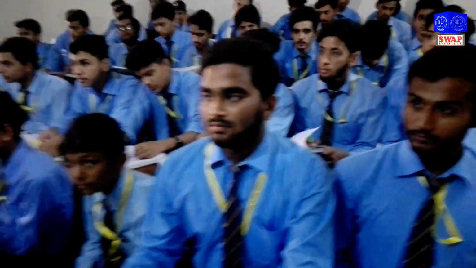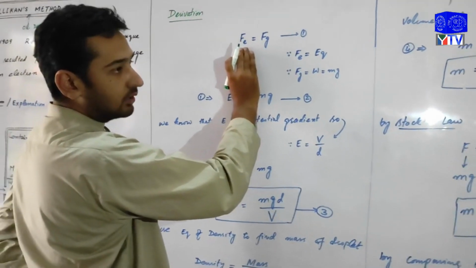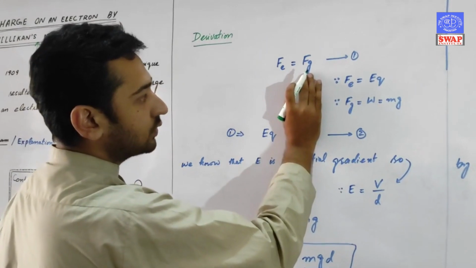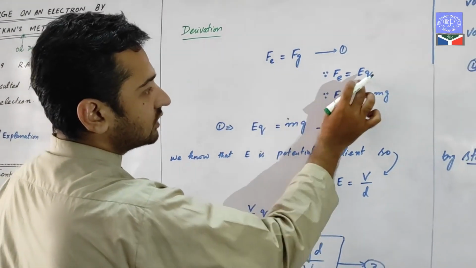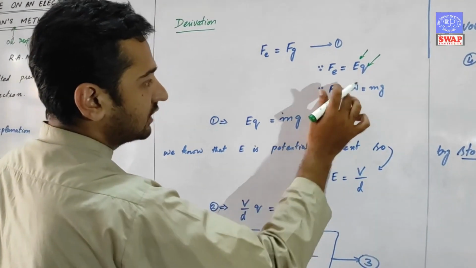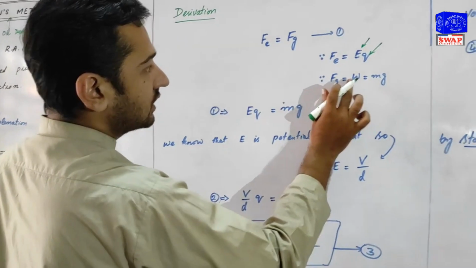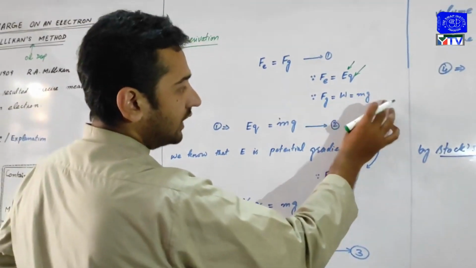So in the derivation, the electric force and gravitational force are equal. Electric force is equal to EQ, where E is the electric field and Q is the charge, and gravitational force is the weight of the body, which is equal to mg.